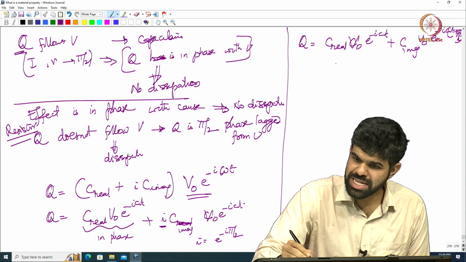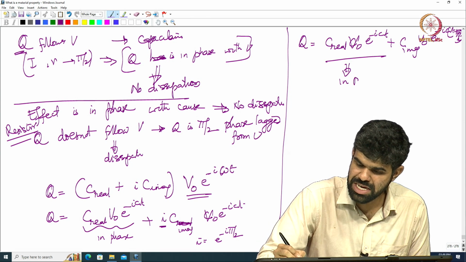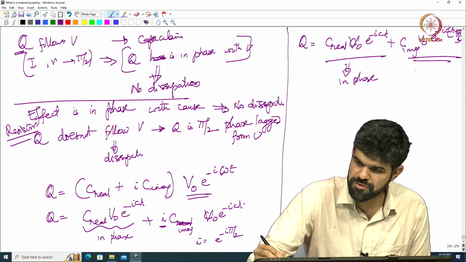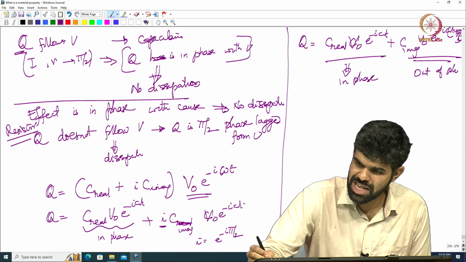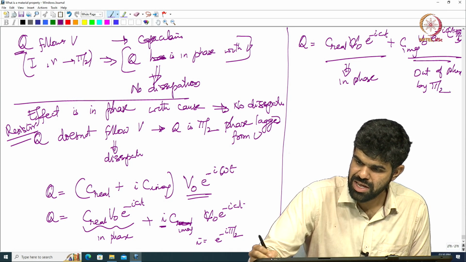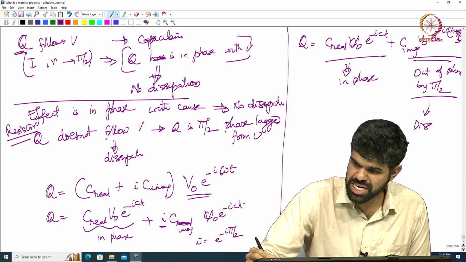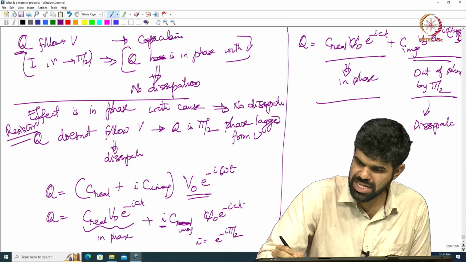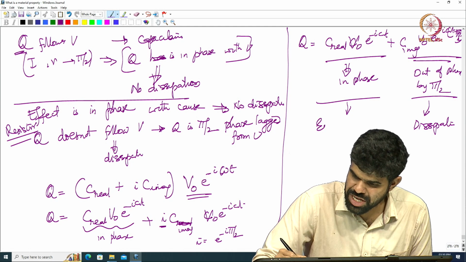And we said this is the in-phase part, this is the out-of-phase part. So this gives me dissipation and this gives me energy storage.